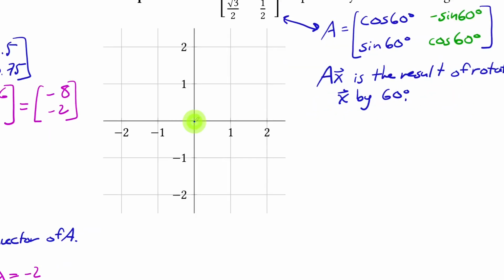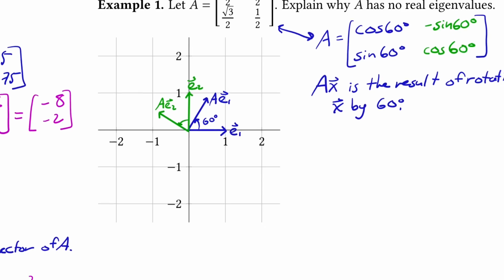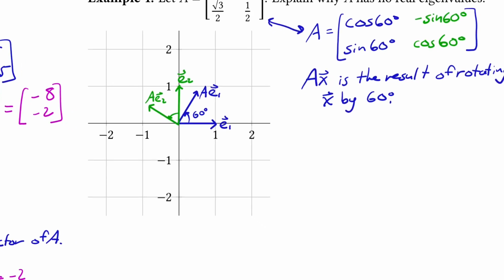So if e1 is right here, then A times e1 is about right here, and e2 is here, and A times e2 has been rotated also by 60 degrees. Now, any x anywhere, if you rotate it by 60 degrees, is no longer going to be on the line through x and the origin.